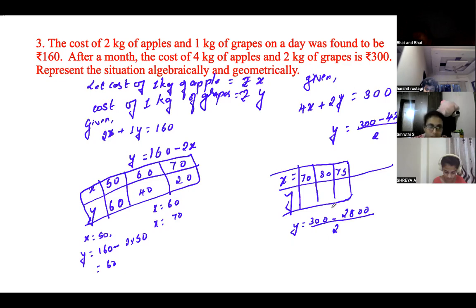Or 300 minus 2,800. How much? 2,500 upon 2. Minus 2,500.